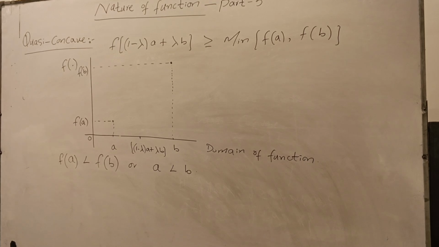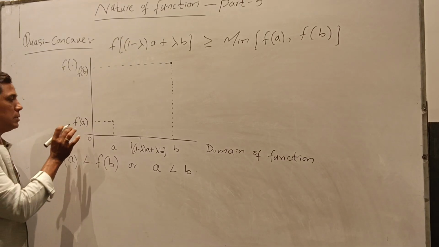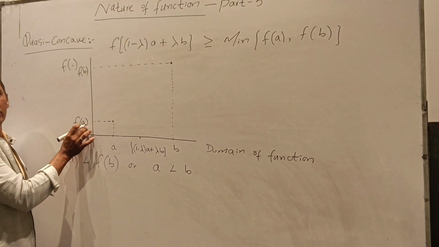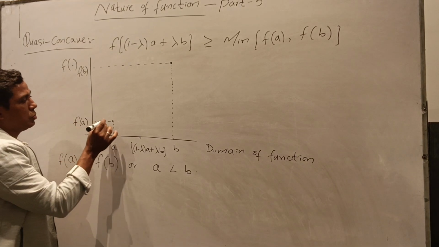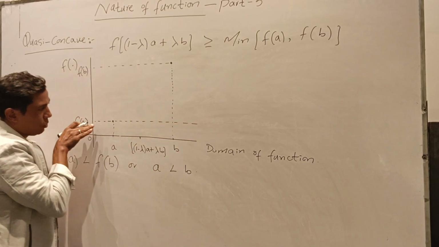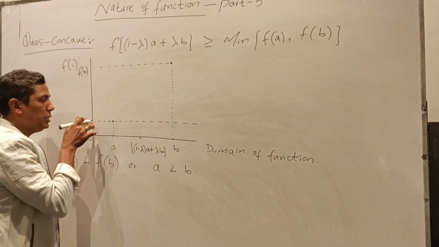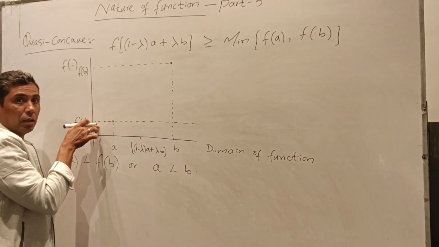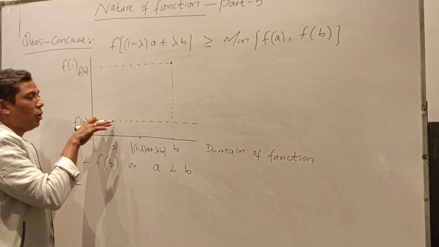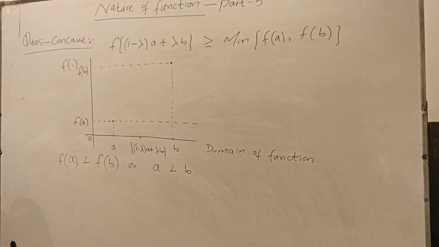Okay, now the min of a, that is the initial value of a. If we draw the line here, all values on it represent the initial values of a. The value cannot be less than these values.